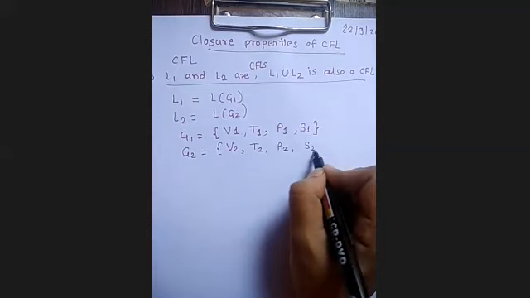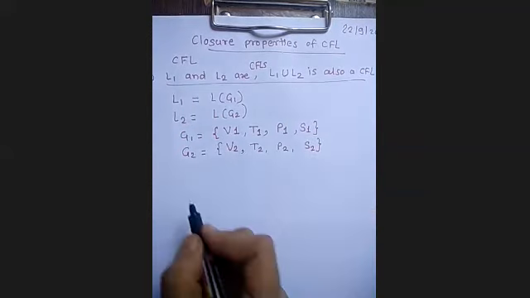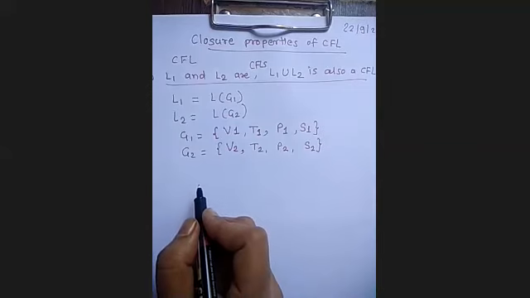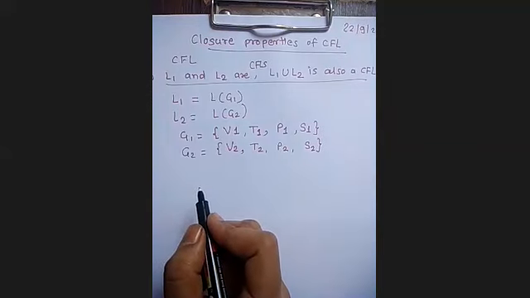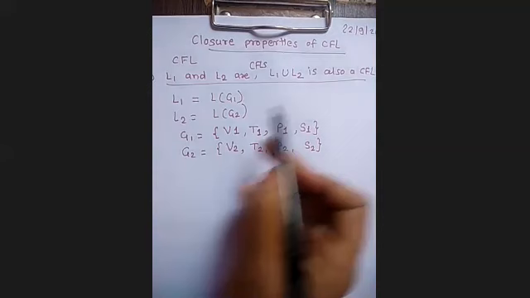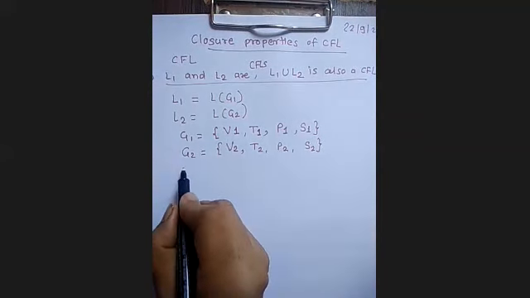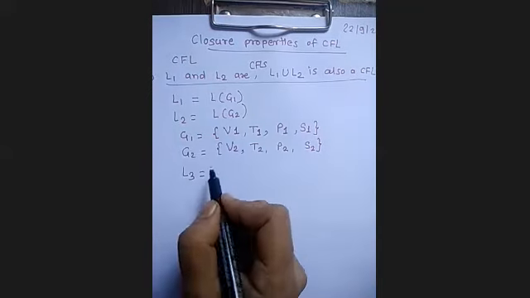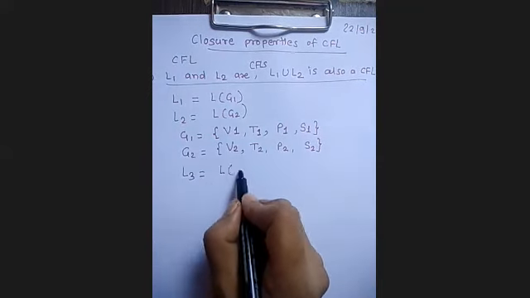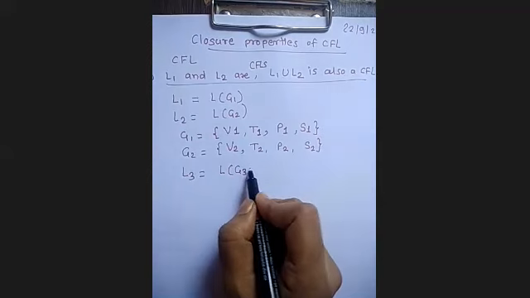So what do we have to prove now? We'll take the union of L1 and L2. So let L3 here be the language for G3. How will we represent G3?